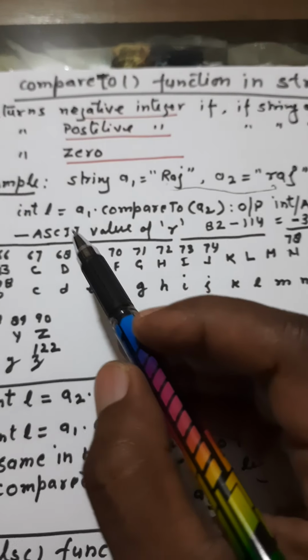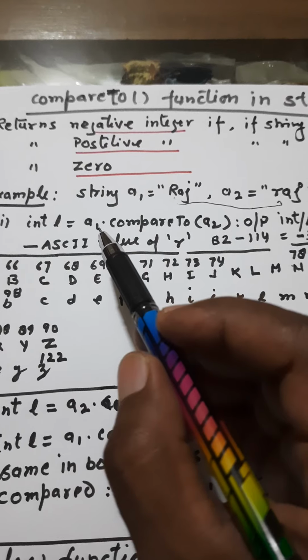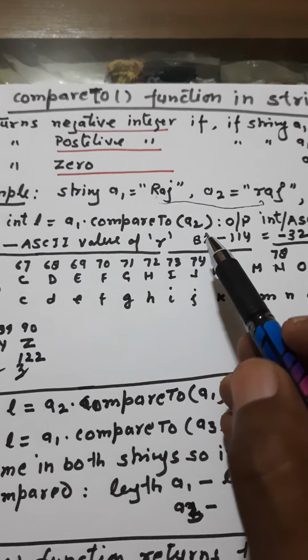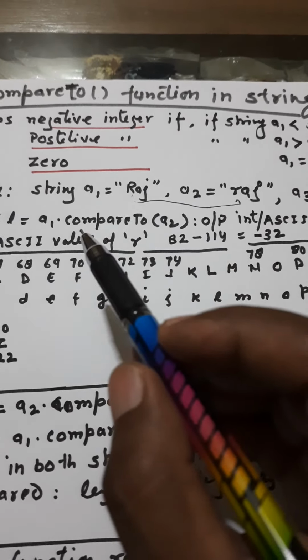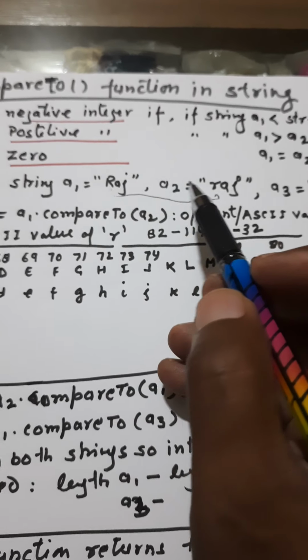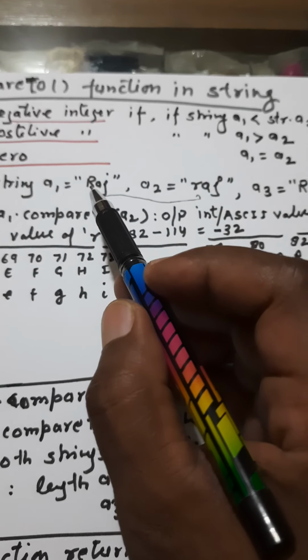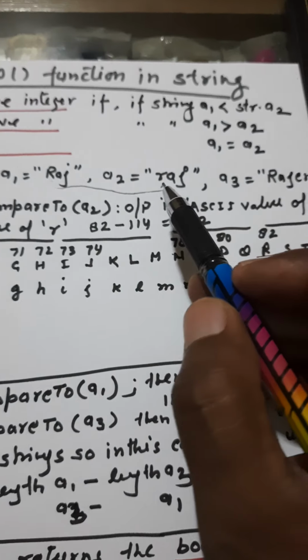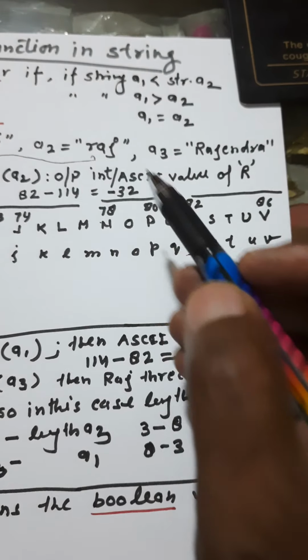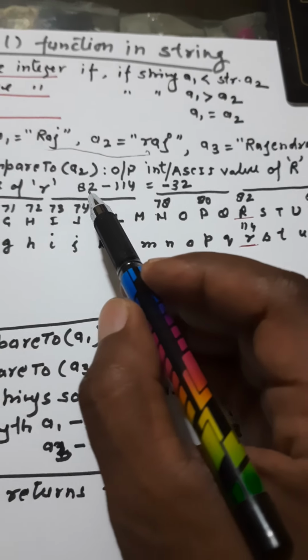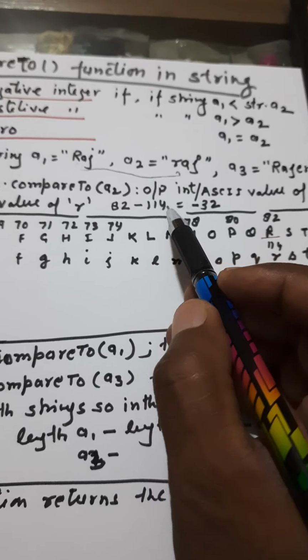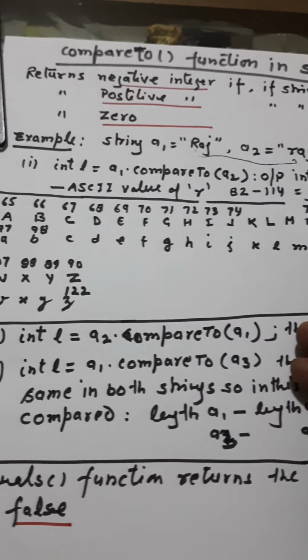So the meaning of int l is equal to a1.compareTo(a2) is the ASCII value of capital R minus the ASCII value of small r. So what will happen? It's 82 minus 114, which is equal to minus 32.